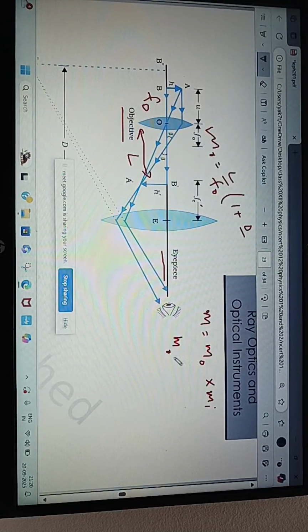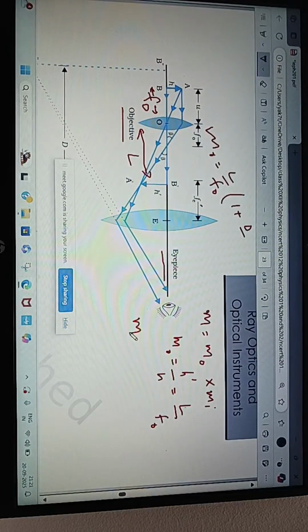MO is h dash by h, which is also equal to v by u. V by u is here taken as L by f0, and u will become f0.